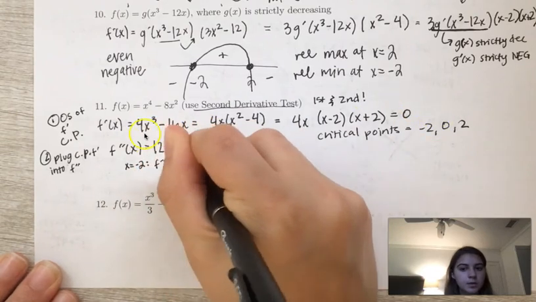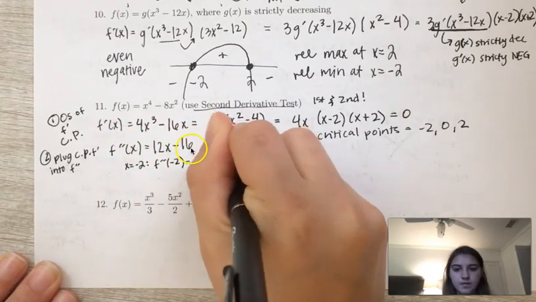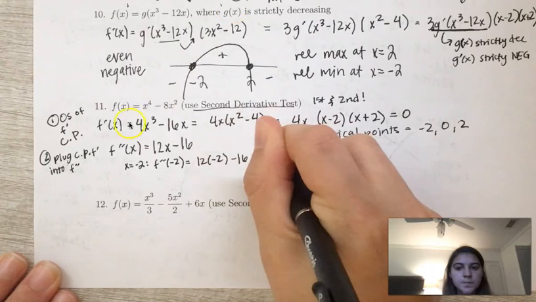And we're going to plug those into this second derivative that we found, 12x squared minus 16. We're going to plug each one in, and we're going to see if at that point where the tangent line is horizontal, is it concave up or concave down? Because that's what's going to tell us if we have a maximum or minimum. We're not looking at the increasing, decreasing thing that we were before.